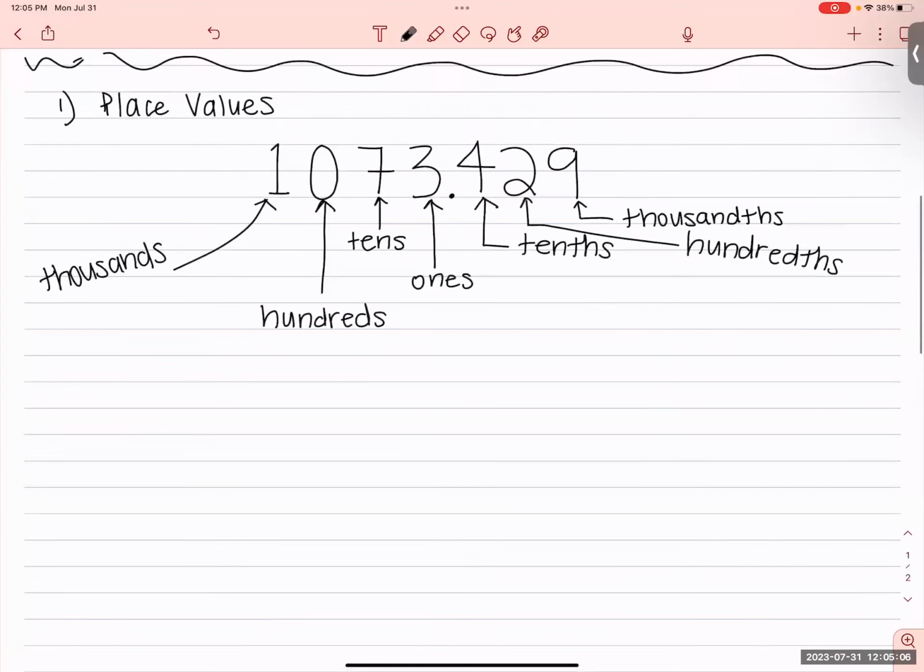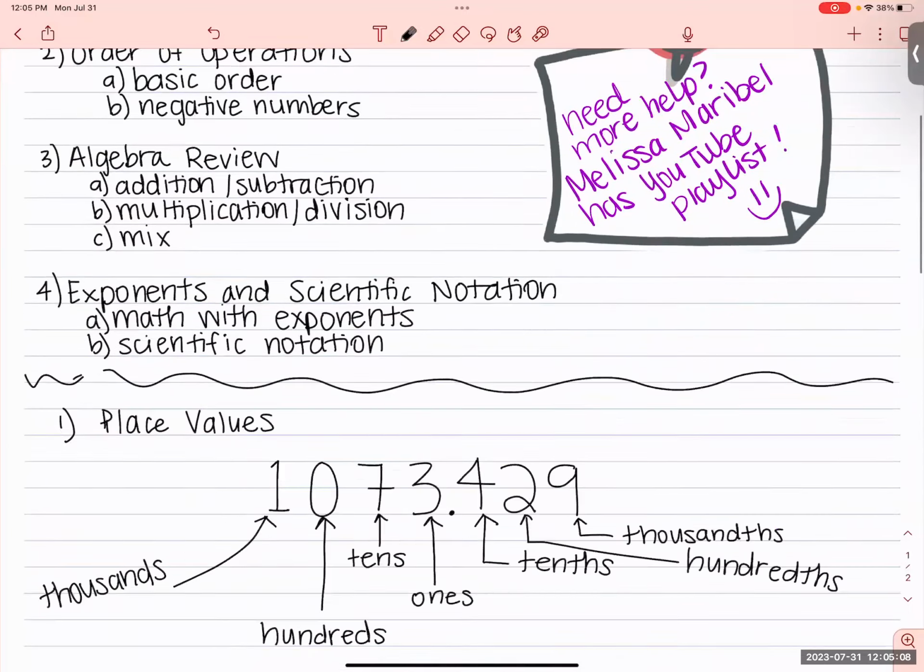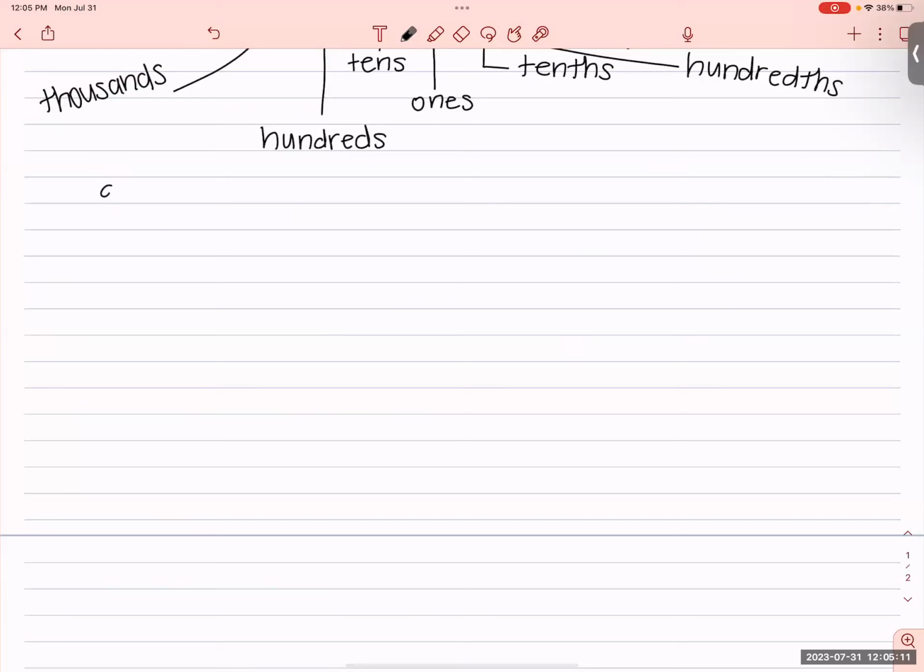So let's look at how to read an instrument in lab. And we'll probably talk about this more in lab, or you will talk about this when you're in lab if you have a different instructor for lab. But it's really important to be able to read every instrument that you encounter in the lab.